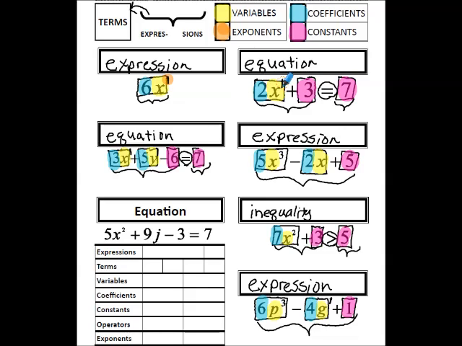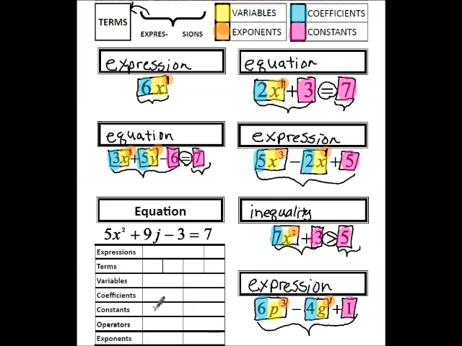So this x has an exponent of 1. We have an exponent of 1, of 1, of 3, of 1, and on 7x squared, the exponent is 2. On 6p cubed, the exponent is 3, and 4g, the exponent is 1.